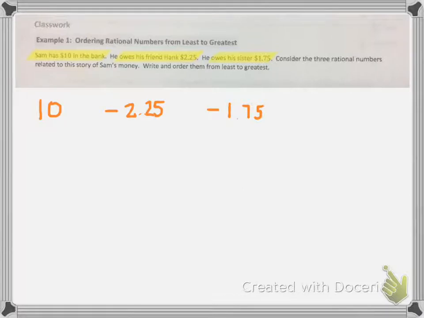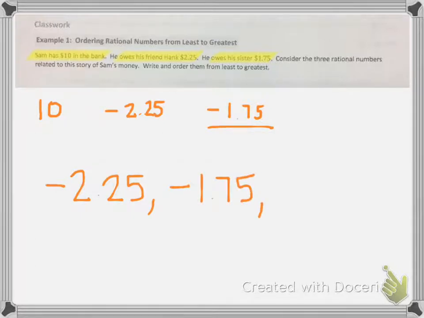And now our job is to order those rational numbers from least to greatest. So the smallest number here, or the lowest number, is going to be the one that's the most negative, which is negative 2.25. That is our least number. The next smallest number is the other negative, which is a negative $1.75, and all the way up to the greatest number, which is 10.